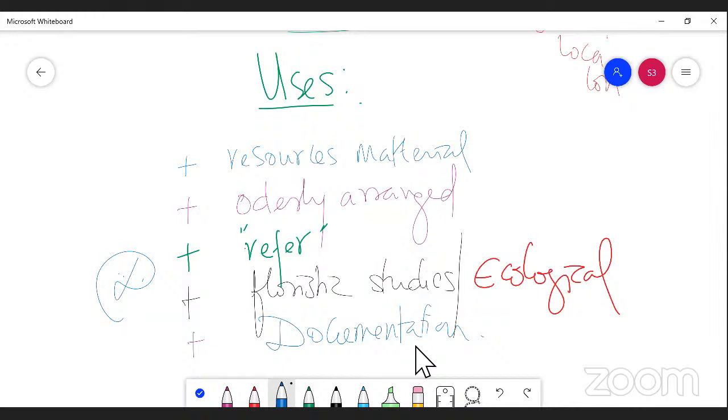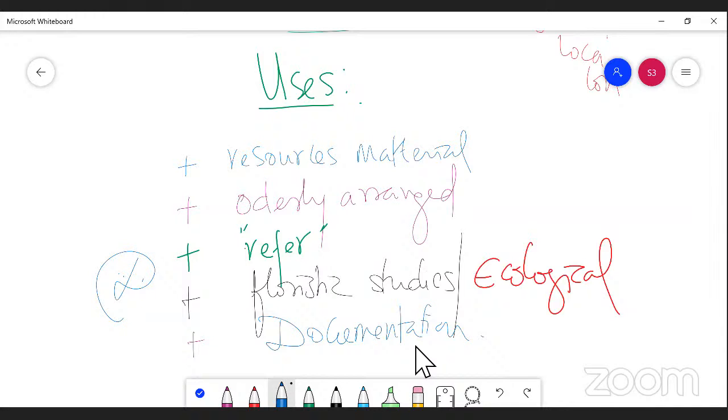Regarding any field of science. And the dried voucher specimen also plays an important role in floristic studies, ecological studies, the environmental assessment and any field of science, right?